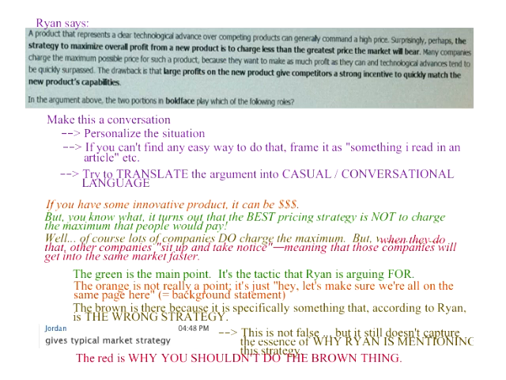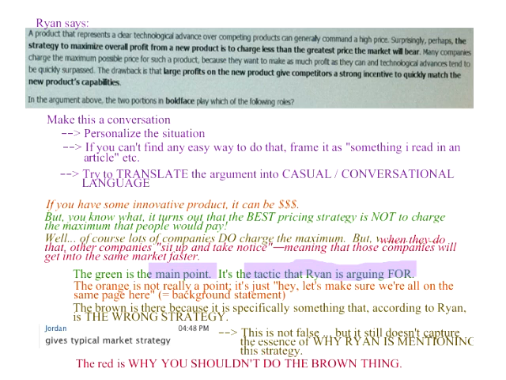Okay. So let's take these and see where we get with them. The ones that we are actually interested in for the problem are the green and the red, because those are the things that are boldface. The green thing is the main point. It's the tactic that Ryan is arguing in favor of.